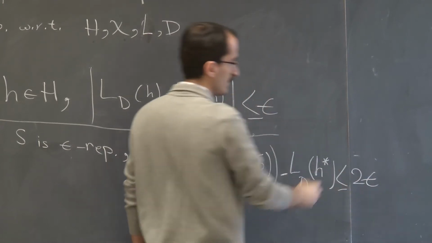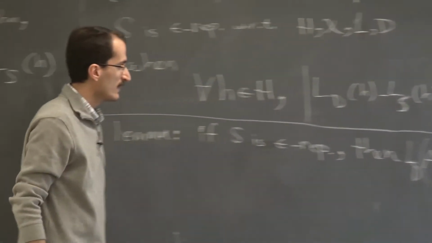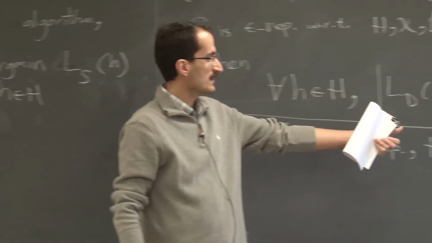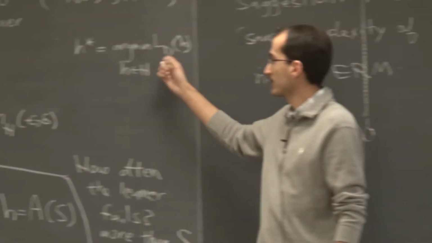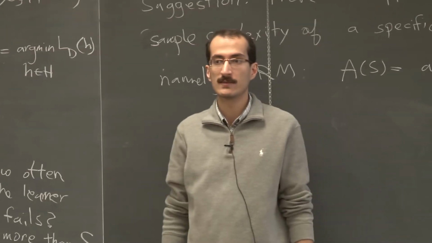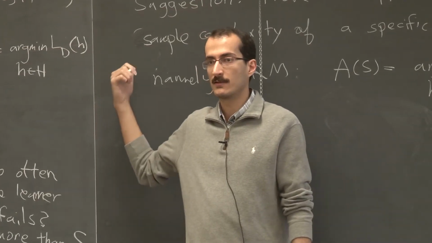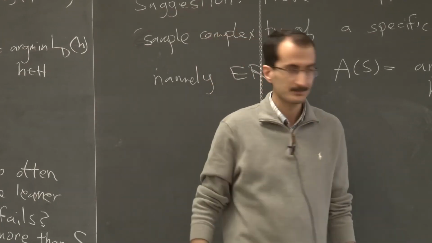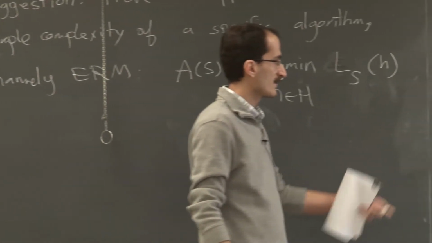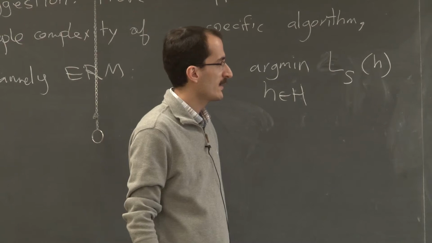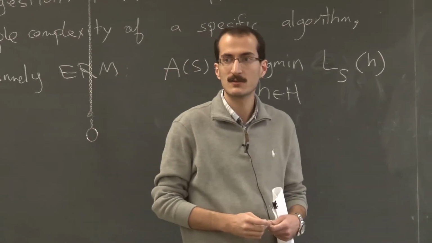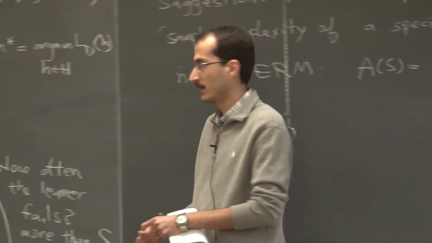And by close, I mean 2 epsilon, not epsilon. So again, I use the notation of H star, by which I mean the best hypothesis in the class. So that is why epsilon representative samples are good for ERM to work.